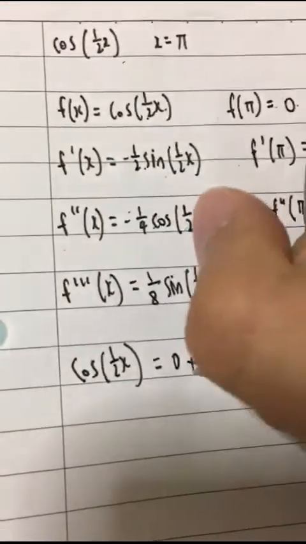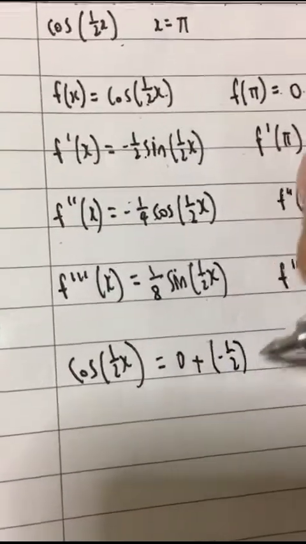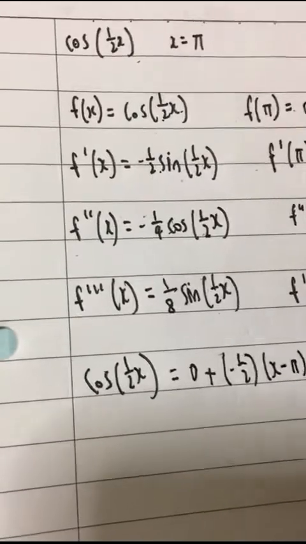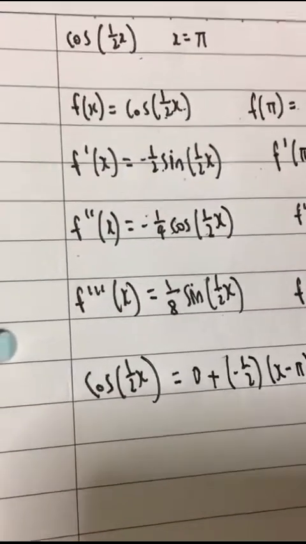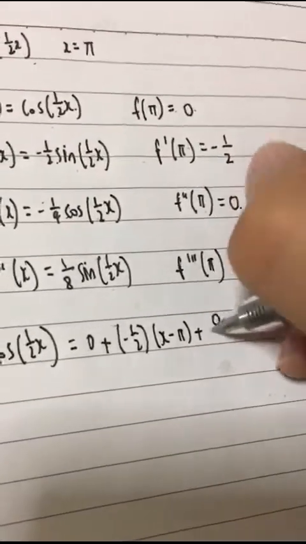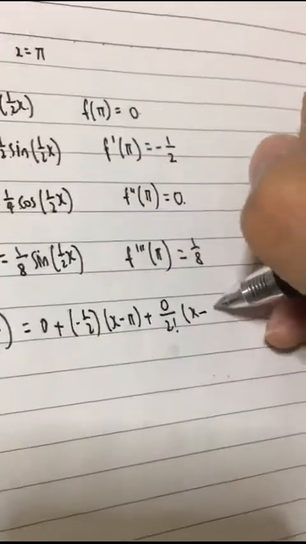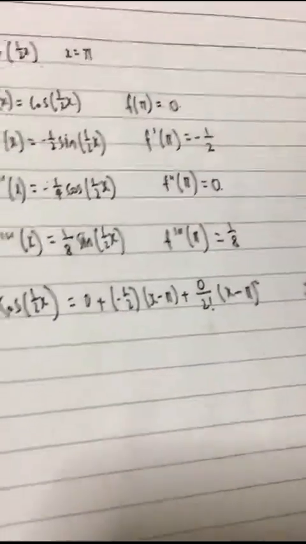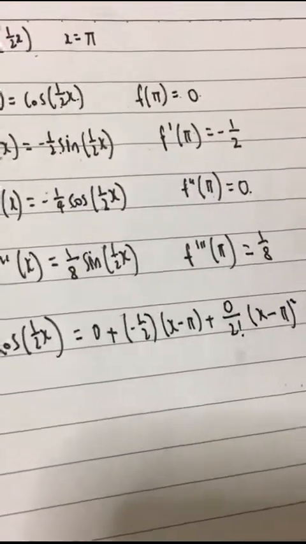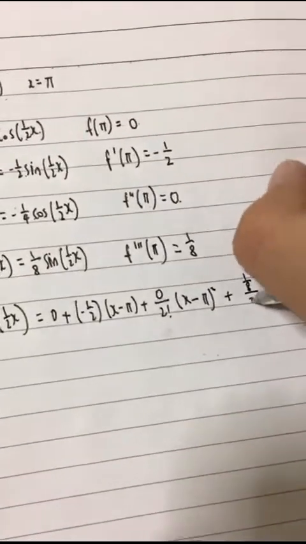After that, negative half followed by x minus pi. After that, you plus the second one, 0 over 2 factorial times x minus pi squared. Then you plus 1 over 8 over 3 factorial, times x minus pi cubed.